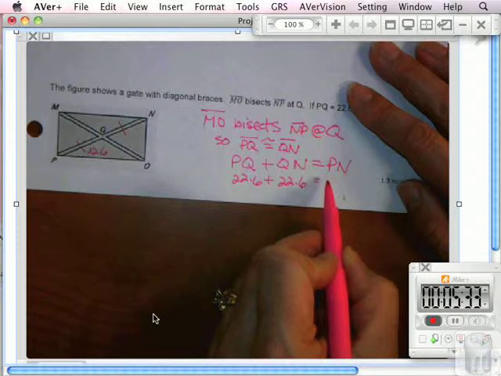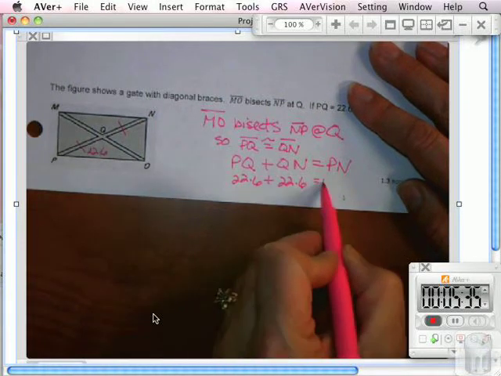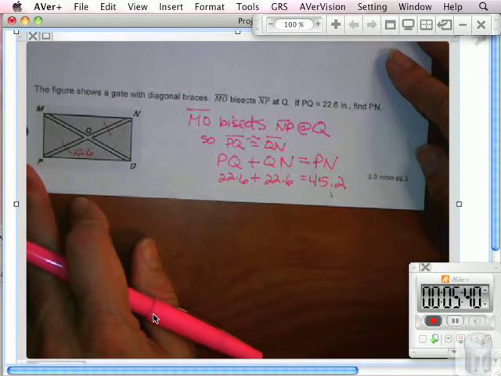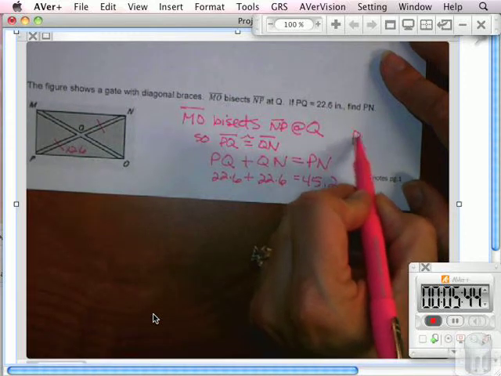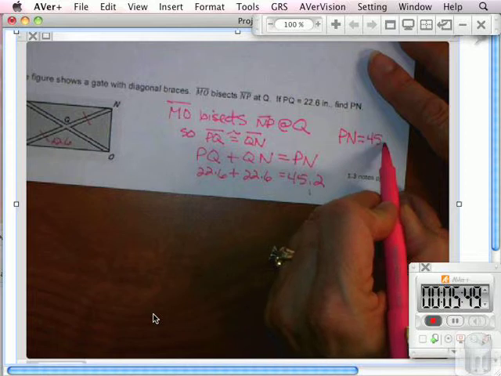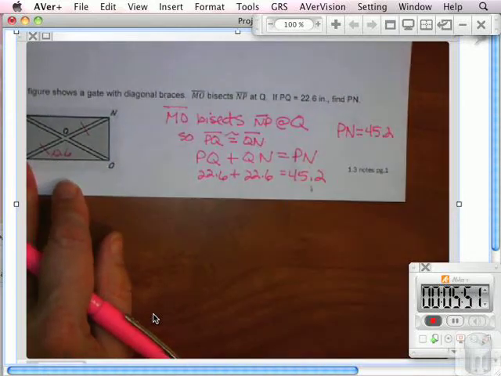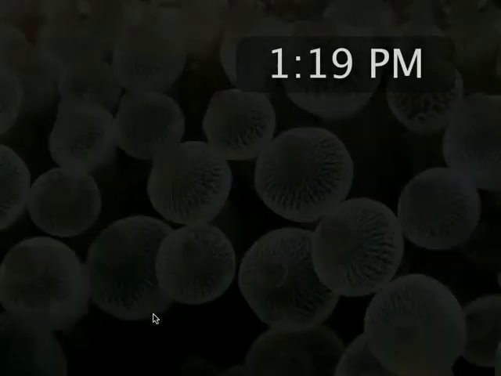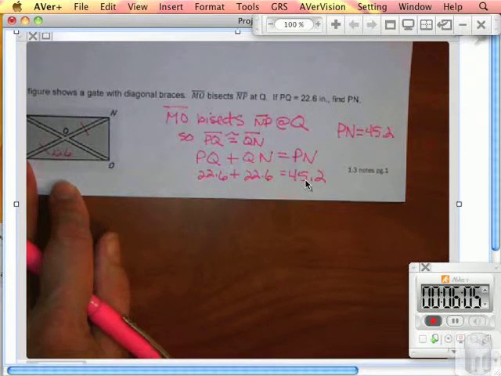So that equals PN, which is 45.2. So, just to be thorough, we're going to write PN is equal to 45.2. Why do I put no line over the PN? Because we're talking about the length. And that's why we use an equal. See, you're so smart. You do listen. Okay, turn it over.